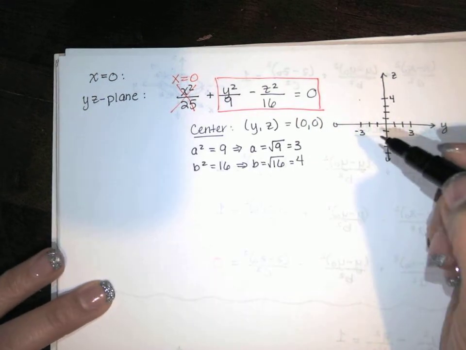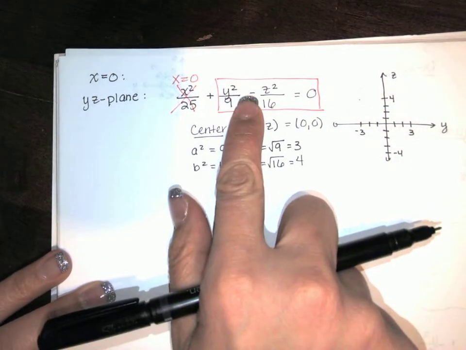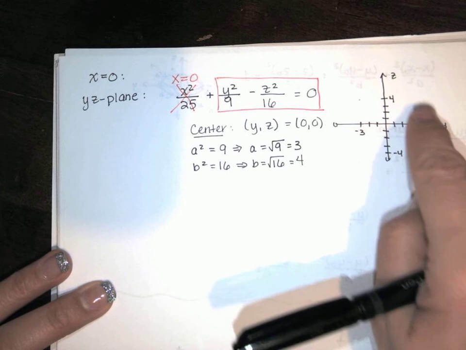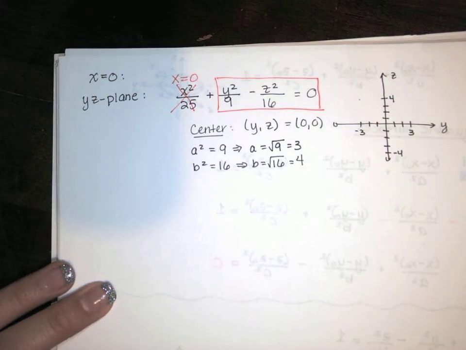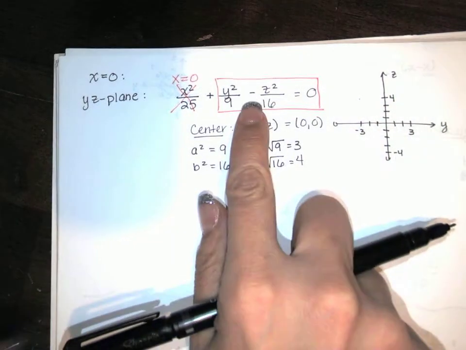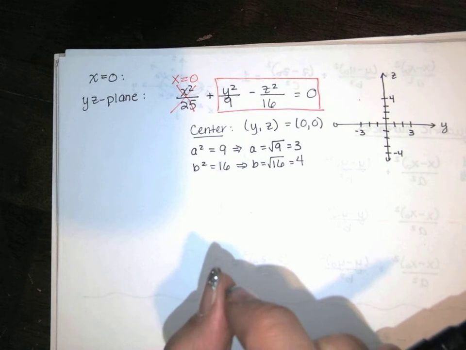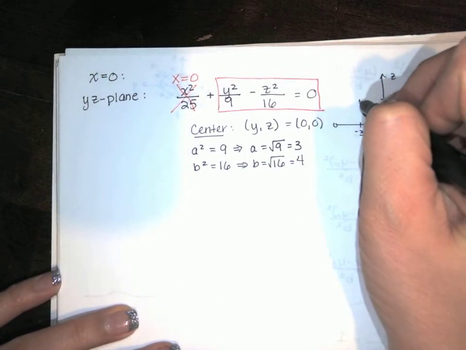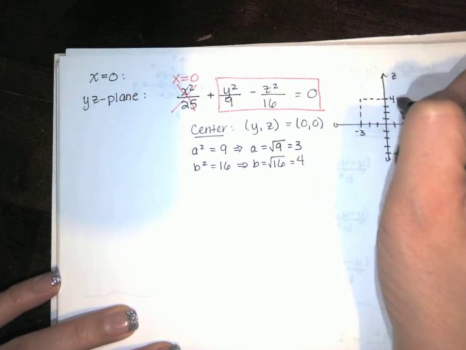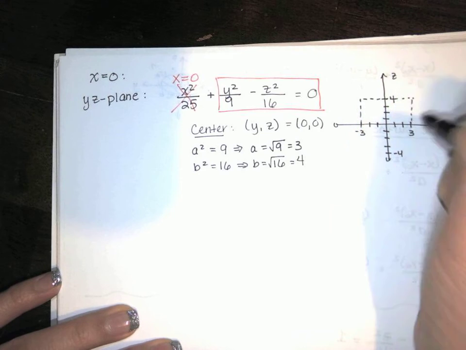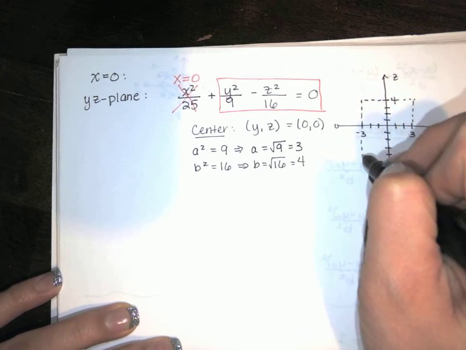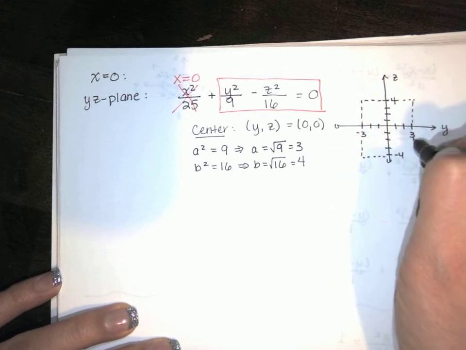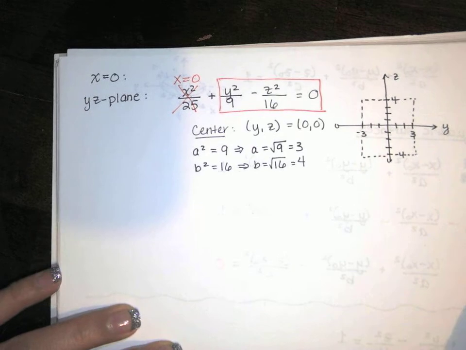And if I was graphing an ellipse, if this was a plus sign, I would just plot those 4 points and then draw a smooth curve, and that would be my ellipse. But since it's a minus, we don't draw the ellipse, we draw a rectangle. I don't know why I got in the habit of calling it a rectangular box. It's just a rectangle.